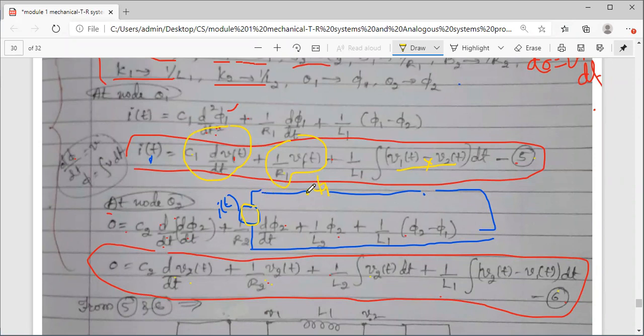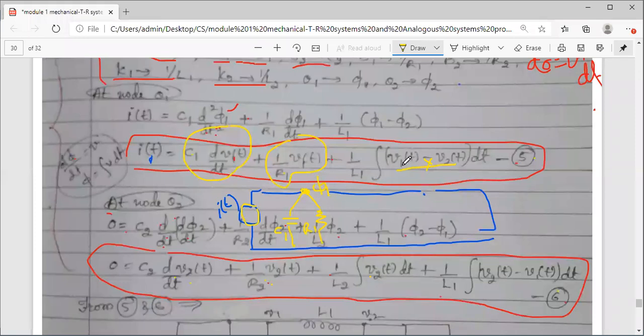So what I will do here, I will take from this node a capacitor, and I want one more, a resistor, R1. This is your C1, this is your R1. Okay, node 1 is over.